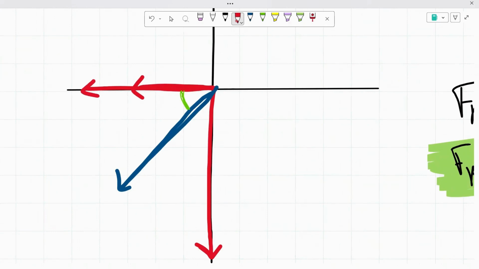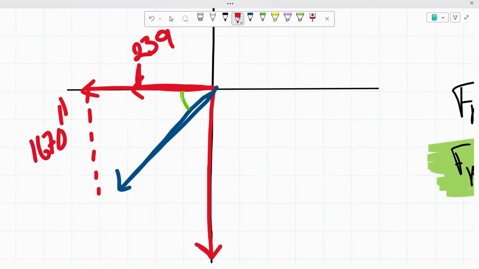This is the angle we're trying to find. We know that this side of the triangle is the same as this side right here, the 239 pounds. And we know that this side right here is the 1,670 pounds. So we're trying to find this angle right here, and we know the opposite and adjacent side to it.